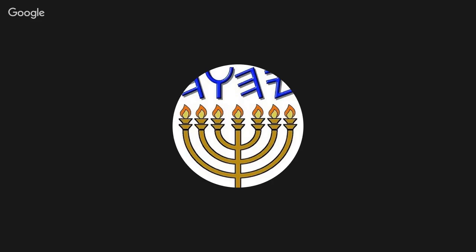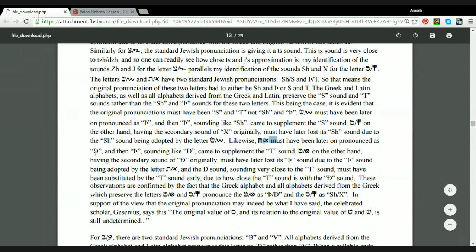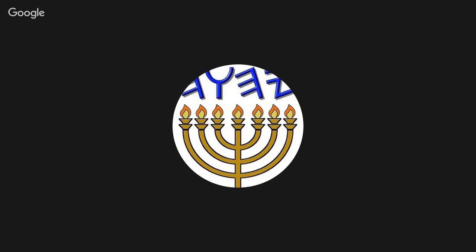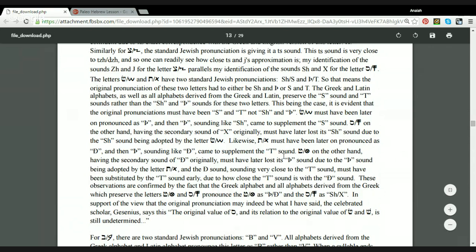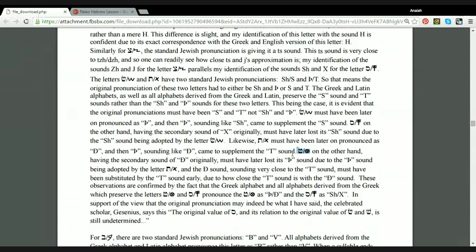T, Tav, must have later on been pronounced as a DH, like the, and then it came to be pronounced as a TH. So T can be pronounced as a DH, the, and then TH, sounding like DH, came to supplement the T sound. Maybe it's a little bit confusing how I'm saying it. I'm trying to show how it changed, how it got switched.